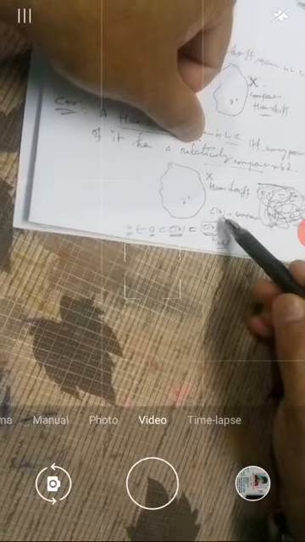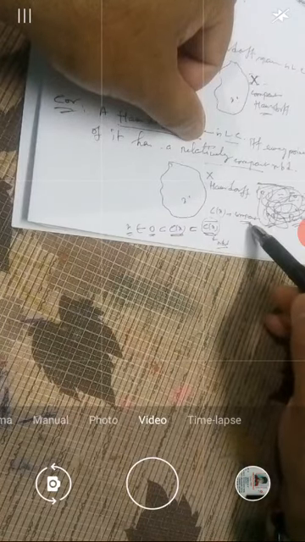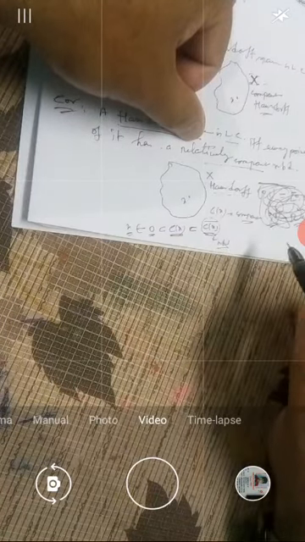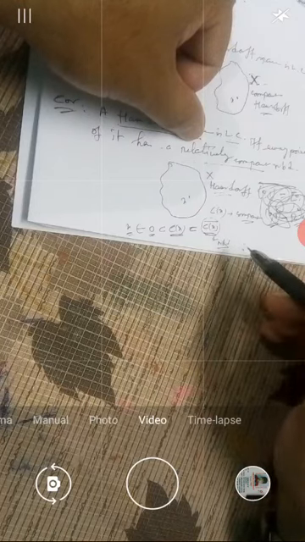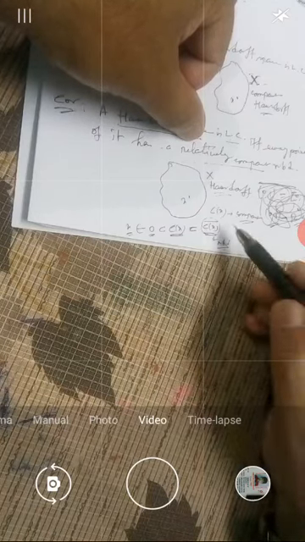Now Cx is a compact subset of a Hausdorff space, so Cx is closed. We know a compact subset of a Hausdorff space is closed.